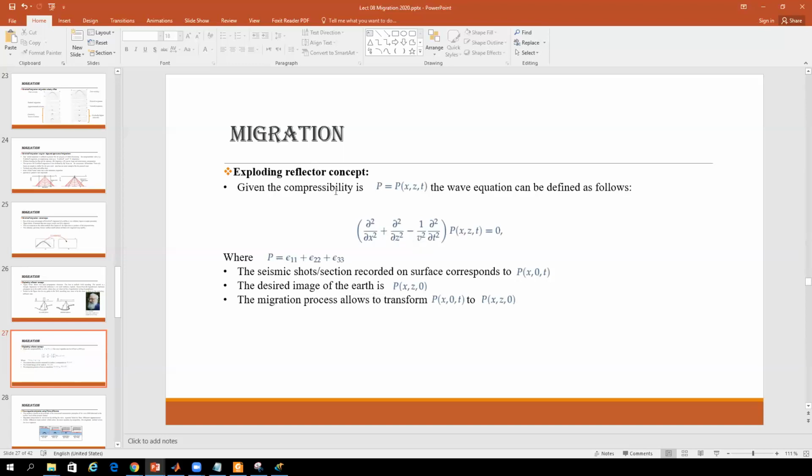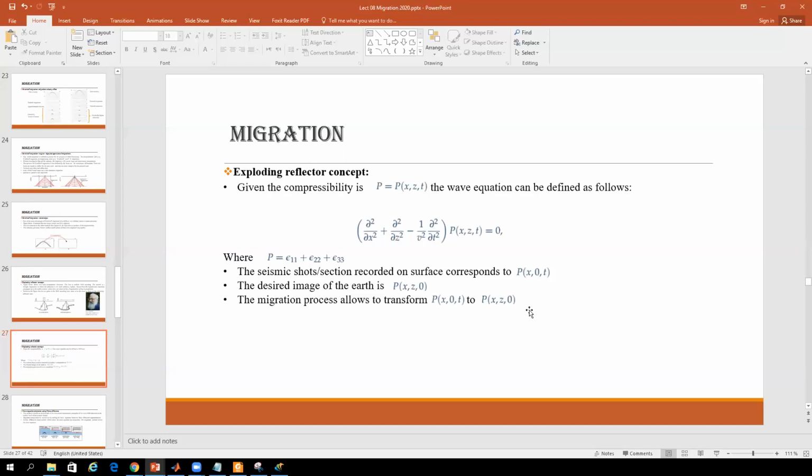So we all know this is the wave equation. The wave is propagating in x, which is offset, in z, which is depth, and in time, which is t.